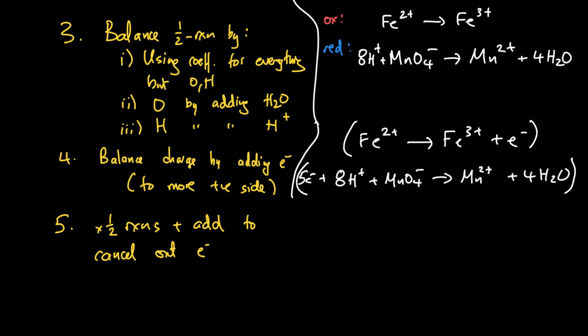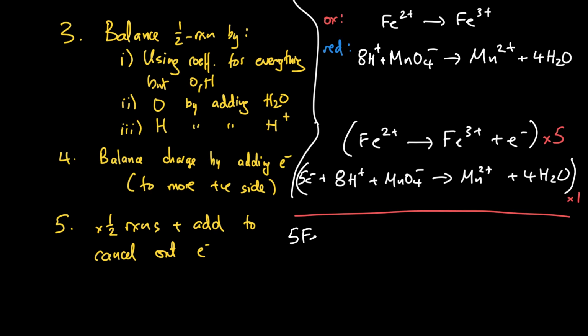The bottom reaction has 5 electrons on the left. So if we add them up, we'll get 4 remaining electrons on the left-hand side. The way we're going to handle that is we're going to multiply the top equation by 5, and if you like, the bottom one by 1. And then when we add them up, those 5 electrons on the right will cancel with the 5 electrons on the left. In fact, I normally write my electrons over the arrow, but here we go.